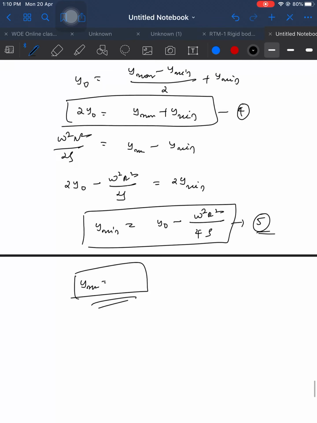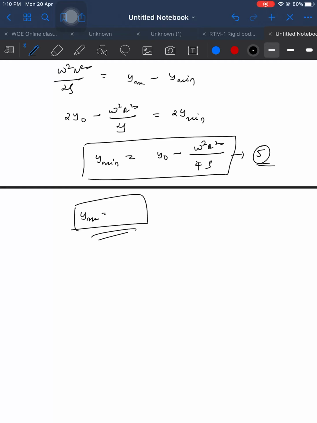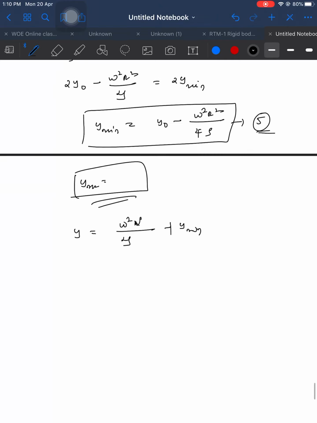Okay, now y is equal to omega square x square by 2g plus y minimum. Instead of y minimum we can write this value, y is equal to omega square x square by 2g plus y0 minus omega square r square by 4g.